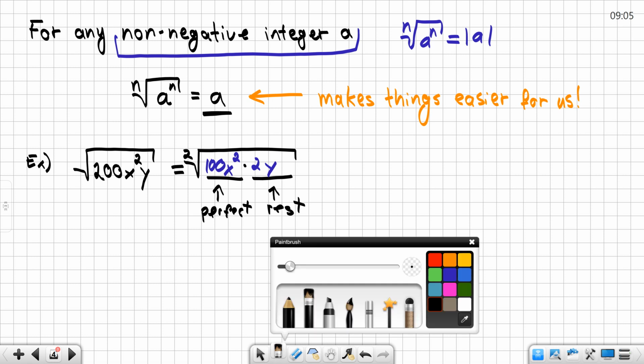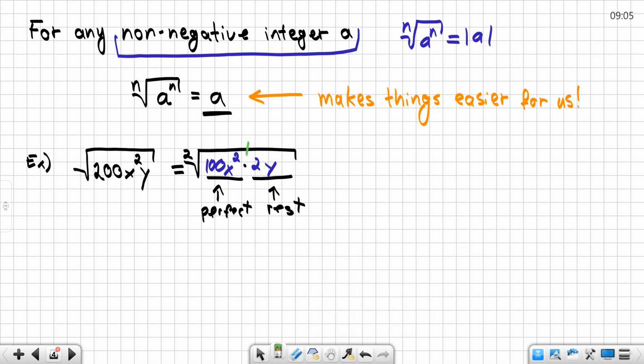Now what I'm allowed to do, I can now split this right here into two radicals, into the square root of, let me rewrite this right here, this is 100x squared times the square root of 2y.